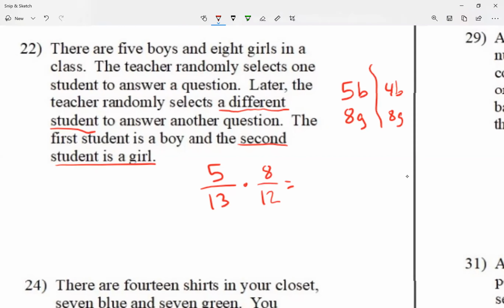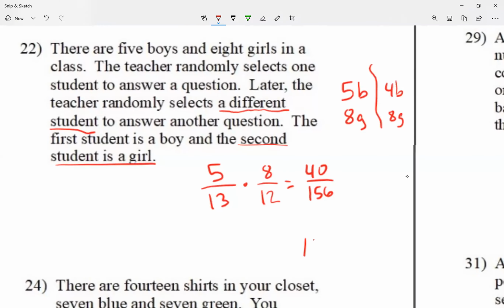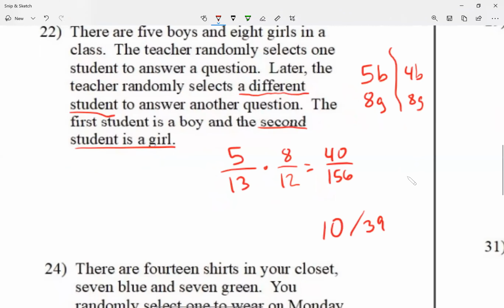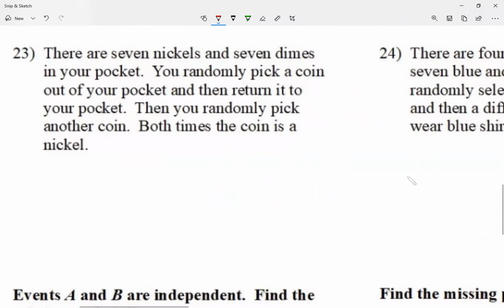I can just multiply it straight, so that gives me 40 over 156. And when I simplify this, it simplifies to 10 over 39. Again, simplify before you multiply, or multiply before you simplify. It's up to you. Let's take a look at number 23.